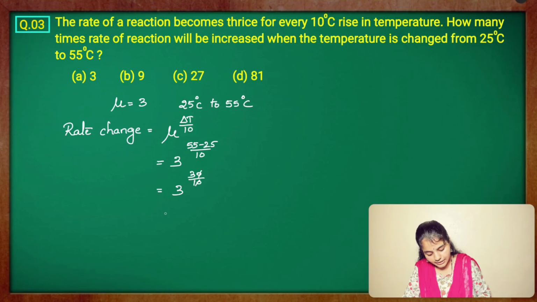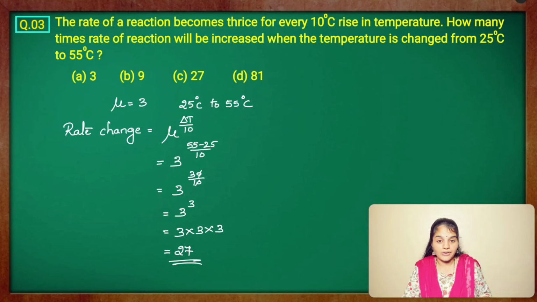So 30 by 10 is 3. So it is 3 cubed, or 3 to the power 3. So it's 3 into 3 into 3, 3 multiplied 3 times. So 3 into 3 is 9, 9 into 3 is 27. And therefore the rate of reaction is increased by 27 times when the temperature is increased from 25 degrees centigrade to 55 degrees centigrade. So here the right answer is option C, 27.